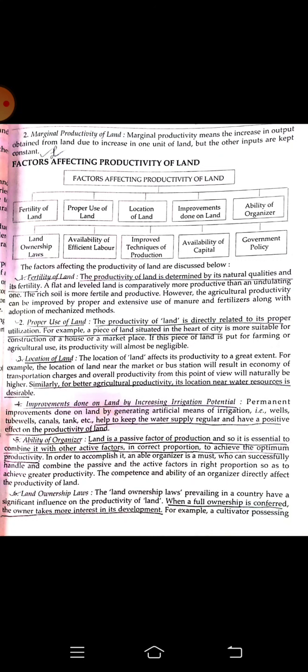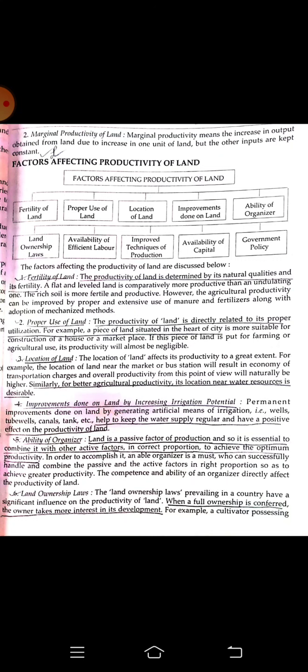Number 7, we have availability of efficient labor. You have to understand this term. What is the meaning of efficient labor and labor? Labor means somebody who is unskilled, who is coming and just working, a physical labor. They are coming and just applying their physique and working. But what is the meaning of efficient labor?